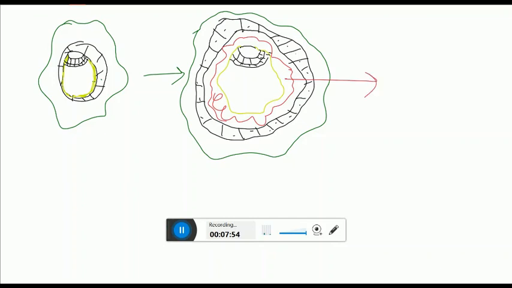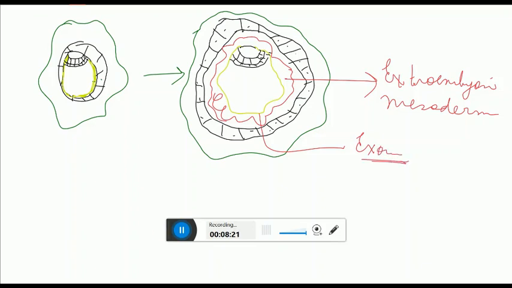This red colored space, which has a mass of cells derived from trophoblast, this is called extra embryonic mesoderm. So we have seen extra embryonic mesoderm has been formed. This is our exocelomic membrane. This is epiblast, this is hypoblast, this is cytotrophoblast, this is syncytotrophoblast.